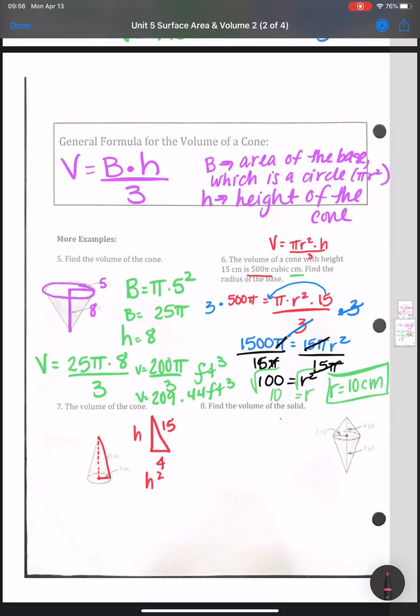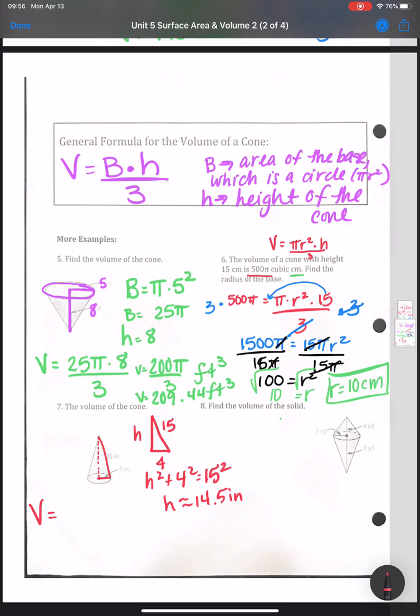So h squared plus 4 squared is 15 squared. So I'm going to let you solve that. We've done this plenty of times over this year, but the height is going to be approximately 14.5 inches.